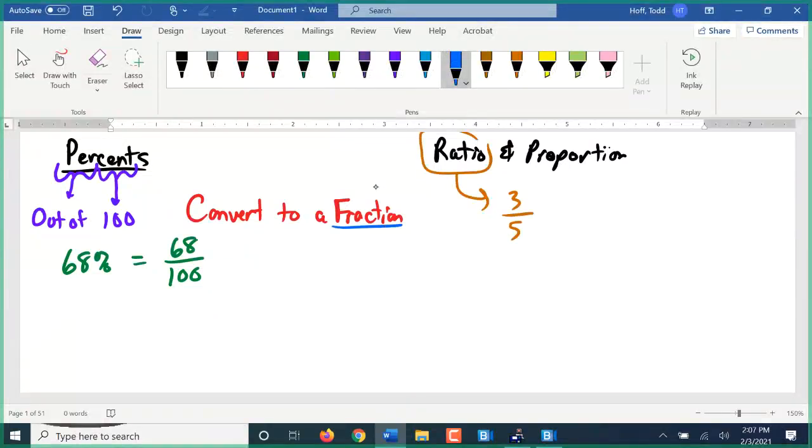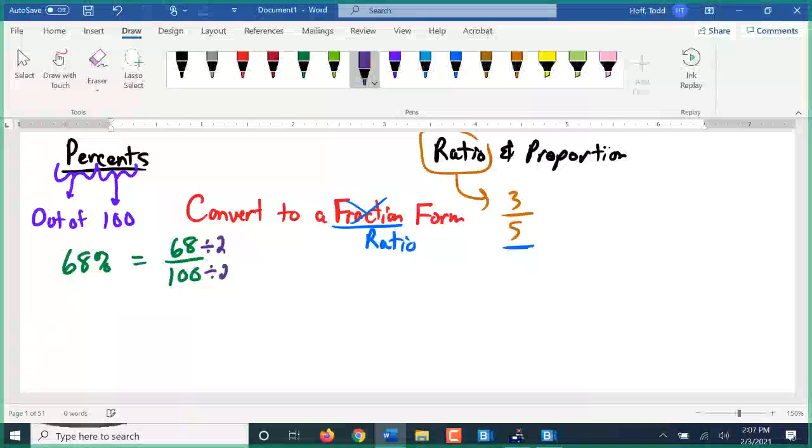It's really a ratio, but they call it convert to a fraction or fraction form. So we'll use the term fraction form. Again, it's just a ratio is what it is. It's not truly a fraction. So in this 68 out of 100, that is in a fractional form, but we would typically want to reduce it. Both 68 and 100 can be divided by what number?